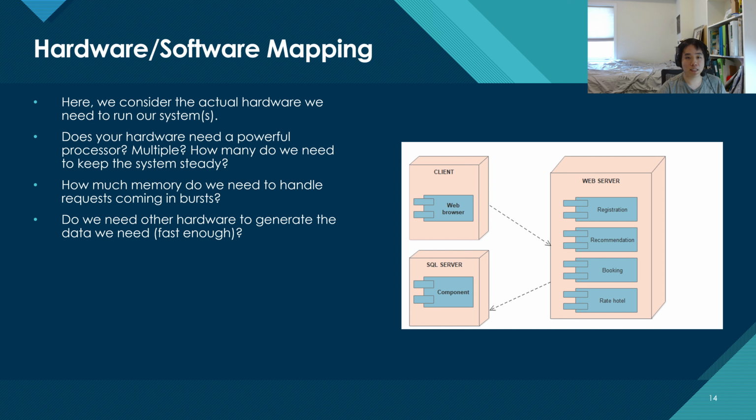Hardware and software mapping. Basically, now that we have a nice hypothetical system in our heads, we're going to see what type of hardware we're going to need and what components they're going to host. Components meaning different services and other subsystems that are available in software. Here's an example on the right.